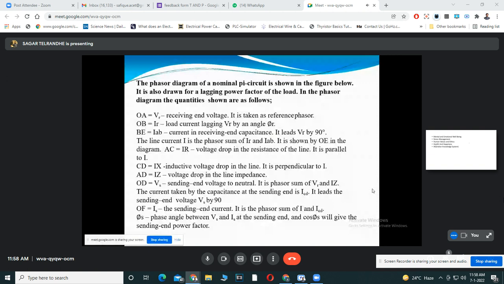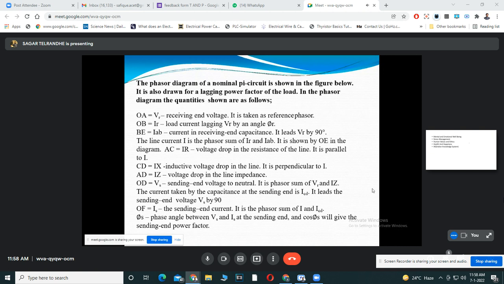It is drawn for a lagging power factor of the load as well as for a leading power factor of the load. Now let us make some assumptions: OA is equal to VR, that is the receiving end voltage, and it is taken as the reference phasor. Then we have OB, which is taken as the load current with the lagging power factor at an angle of phi r.